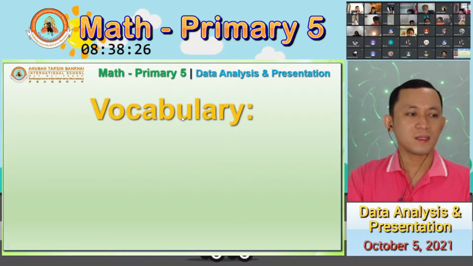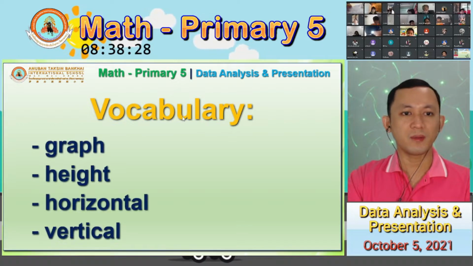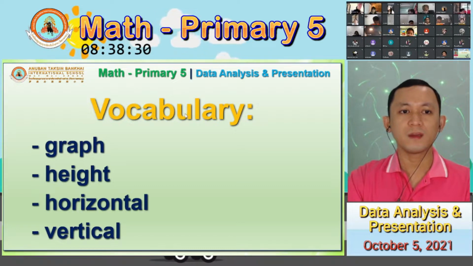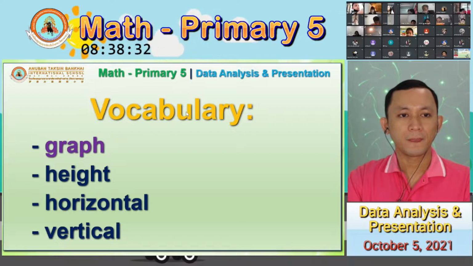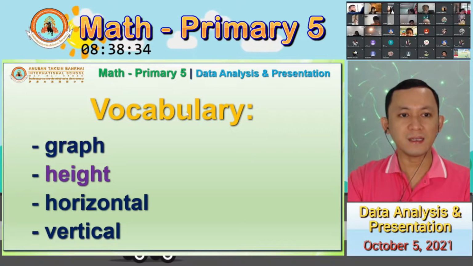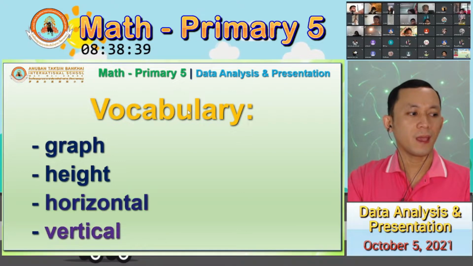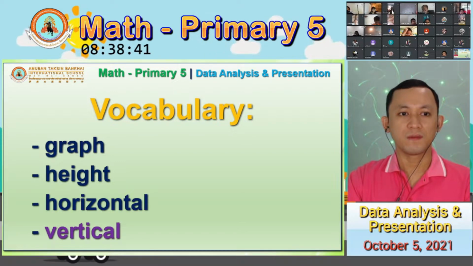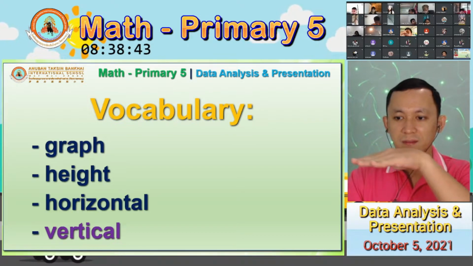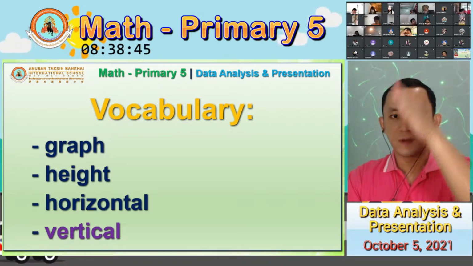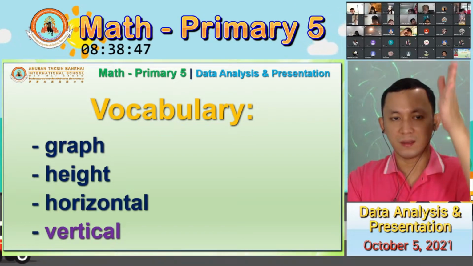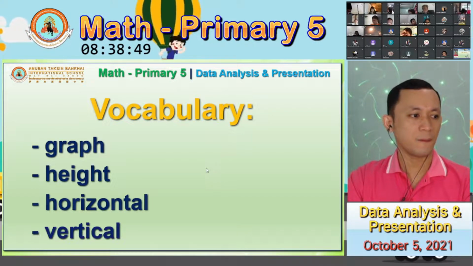Ready? Let's have our vocabulary first. We have the following: graph. The second word we have height. The third word, horizontal. And the last one we have vertical. So that's very easy.